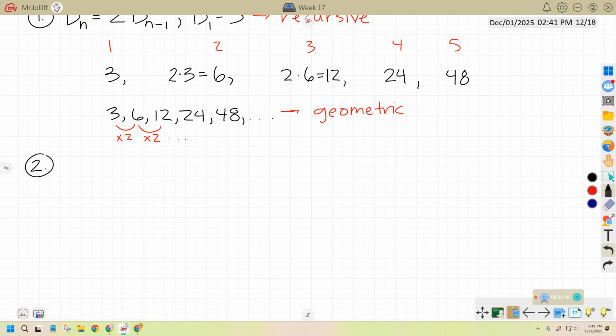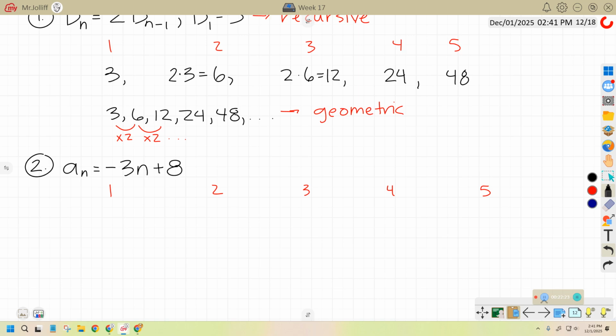So same process. We want to write the first 5 terms of the sequence. I'm going to set up the same pattern: first term, second term, third term, fourth term, fifth term.